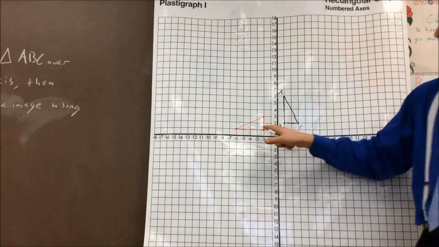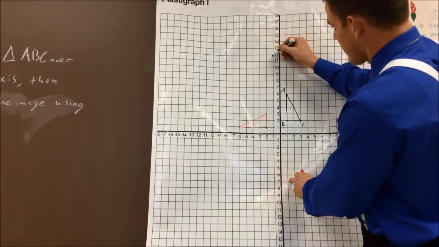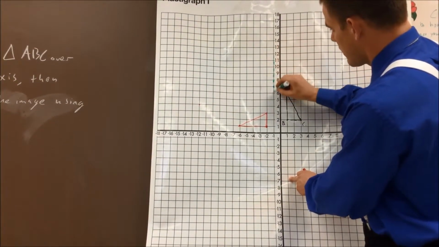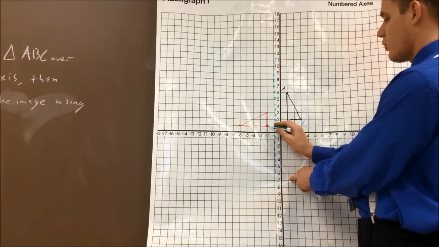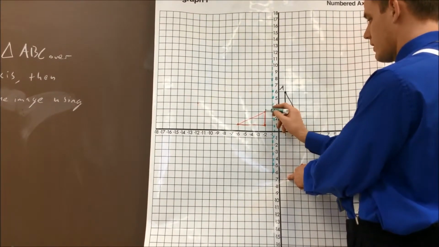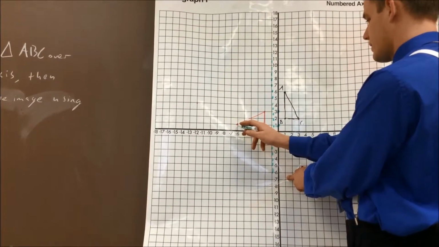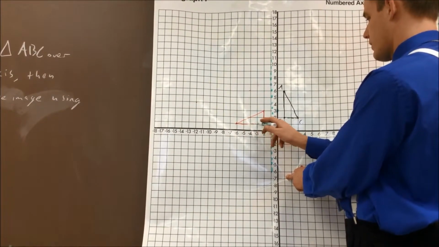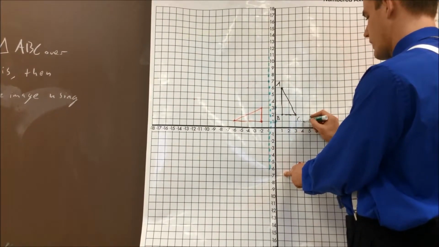Now we have to reflect it over the line x equals negative 1. This is our line x equals negative 1. So I'm going to reflect it over this. Well, that's just 1 away, isn't it? So I'm going to go 1 on the other side, right there. And that is 1, 2, 3, 4, 5 away on this side.